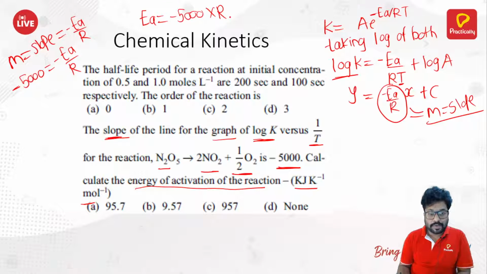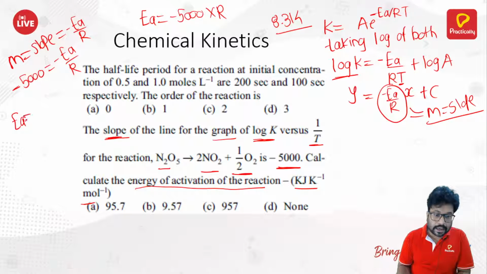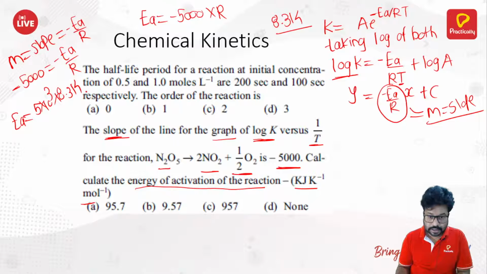What is the value of R here? It's in kilojoule per mole, right? So the value of R is 8.314. So your Ea is equal to 5 into 10 raised to 3 into 8.314, right?